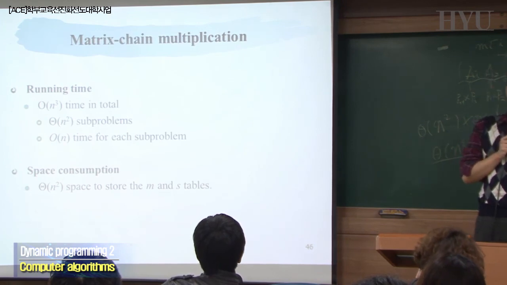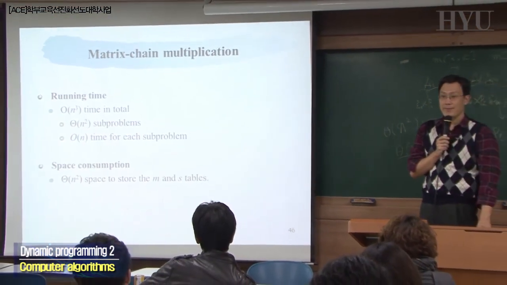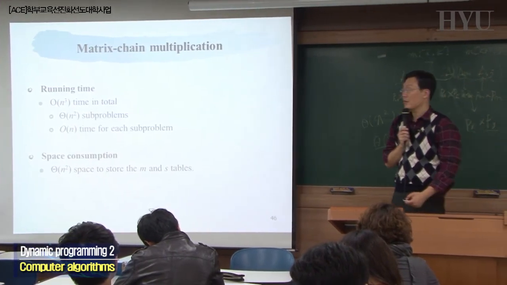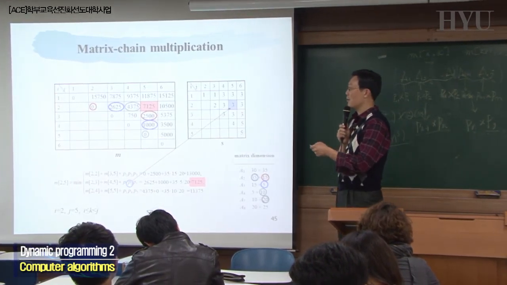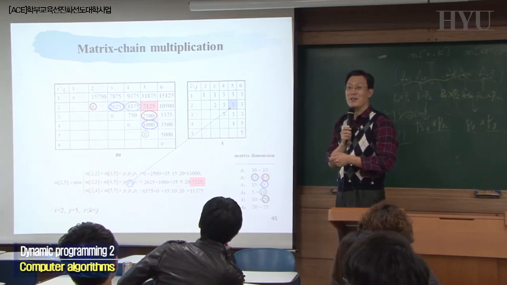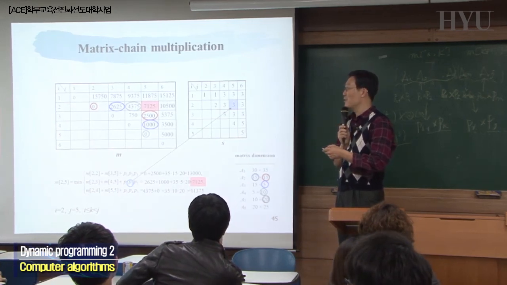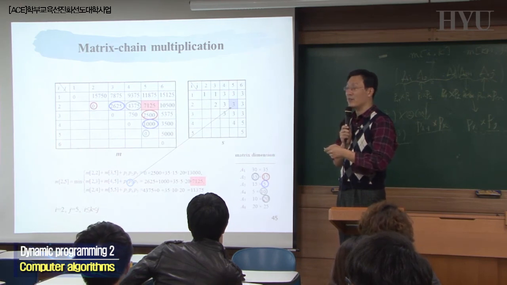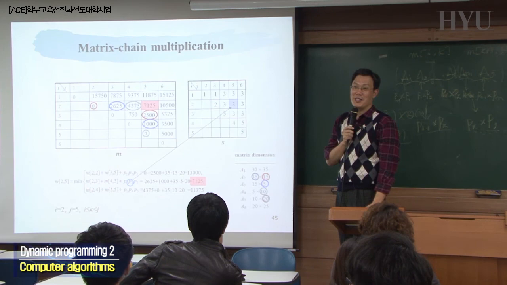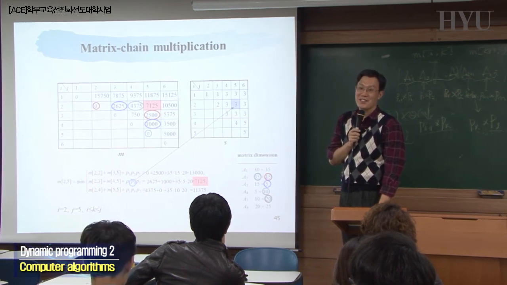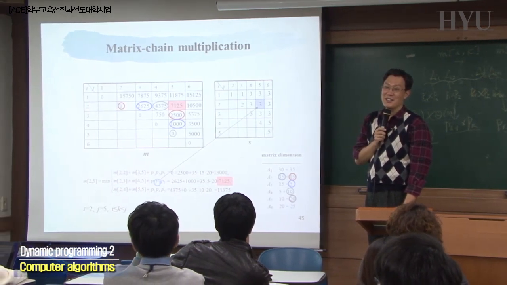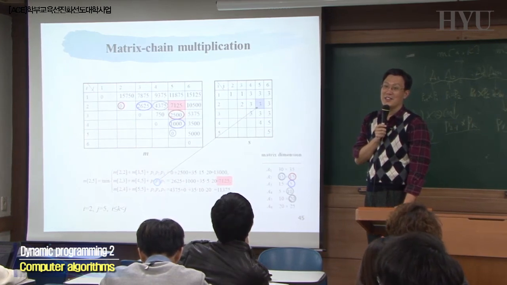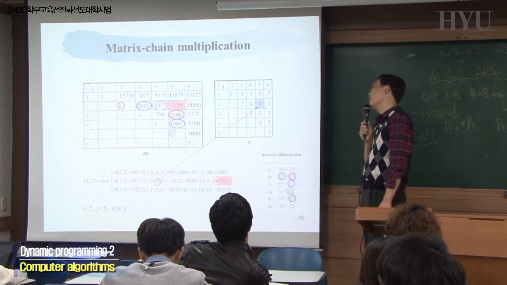Okay, do you have any questions about this? Space consumption? Look at this table. This is an n by n matrix. And we use half of the table. So we need n squared entries. Why?